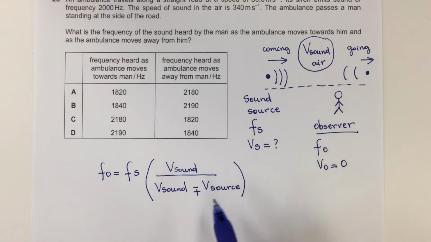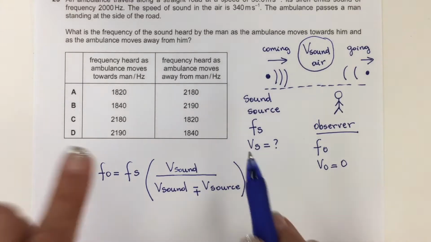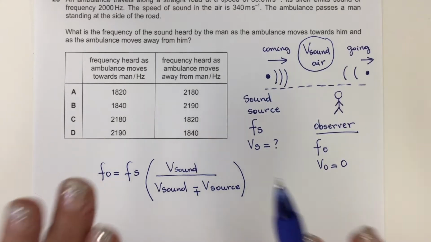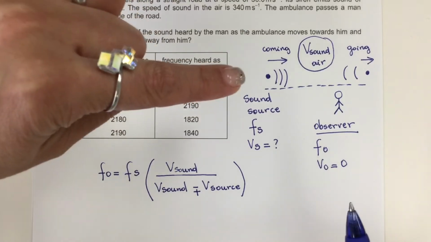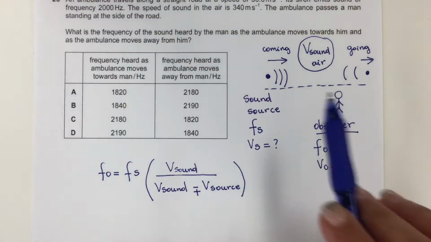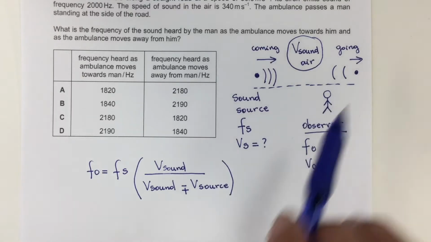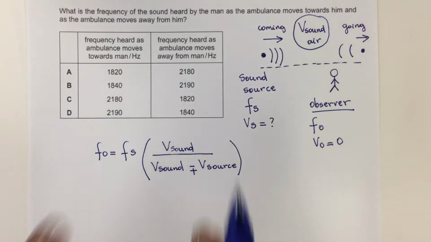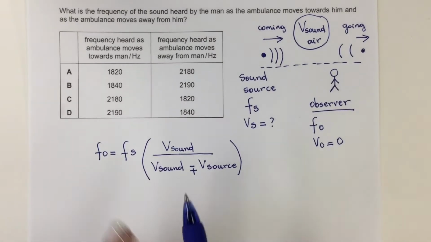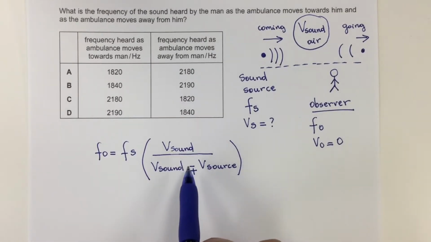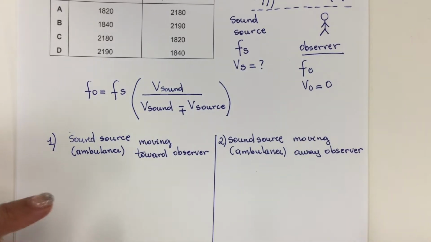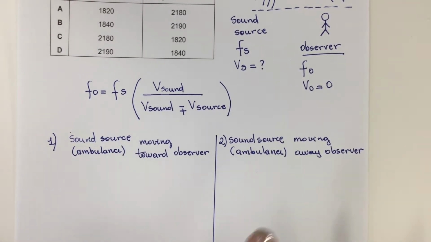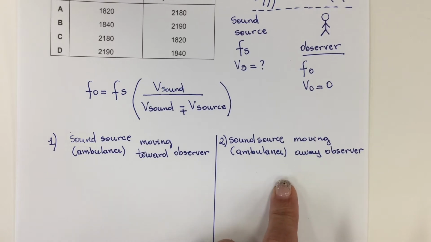The plus or minus in this formula indicates that it can be used for one of two situations: when the sound source is approaching the observer and when the sound source is going away from the observer. So let me use this formula in this question to understand when to use the plus and when to use the minus. I'm going to use this space to calculate the frequency heard as the ambulance moves towards the man, and the frequency heard as the ambulance moves away from the man.